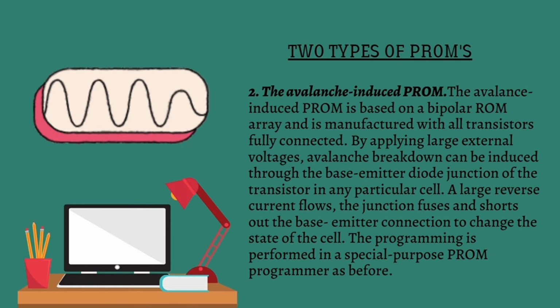By applying a large external voltage, avalanche breakdown can be induced through the base emitter junction of the transistor in any particular cell. A large reverse current flows, the junction fuses and shorts out the base emitter connection to change the state of the cell. The programming is performed in a special purpose PROM programmer as before.